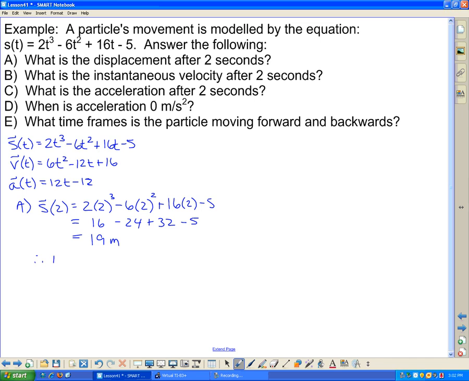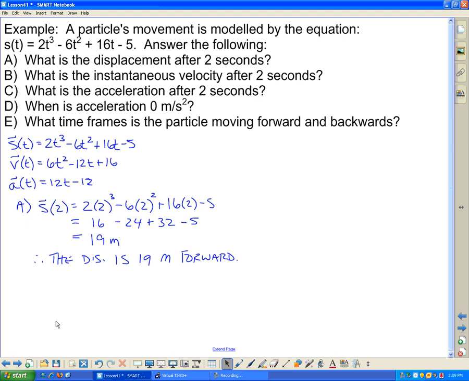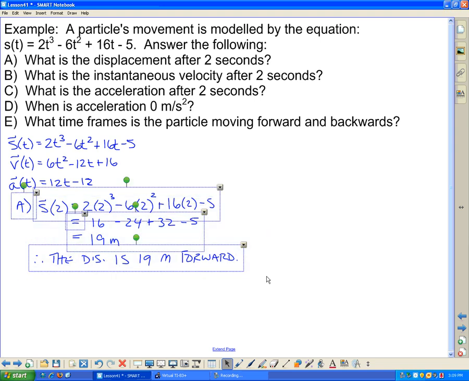Therefore, the displacement is 19 meters forward.